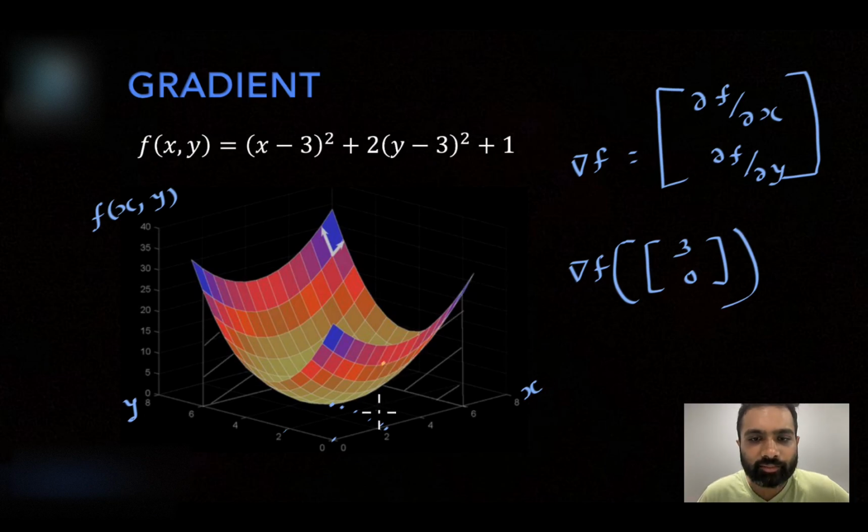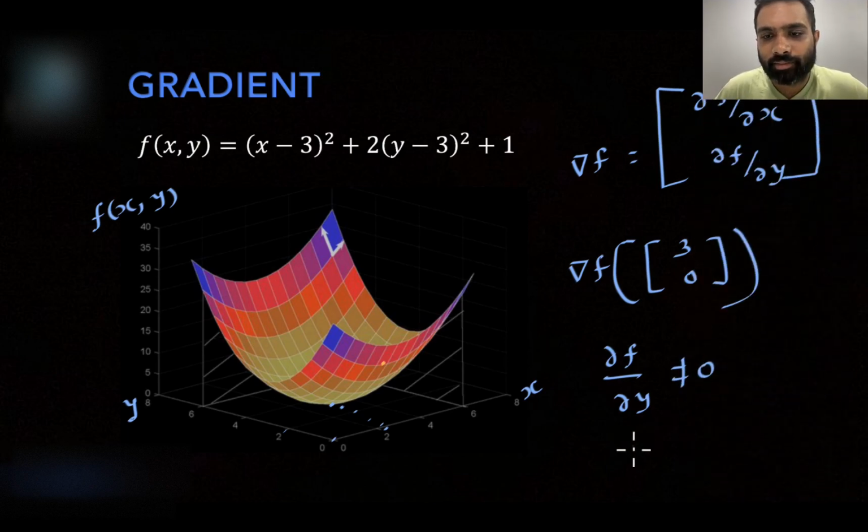And if you notice, along the y-axis the function value is changing, but along the x-axis the function value has a 0 slope. So del f by del y will not be equal to 0, but del f by del x will be 0.